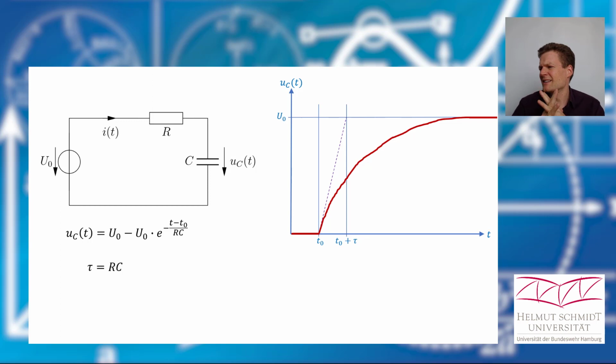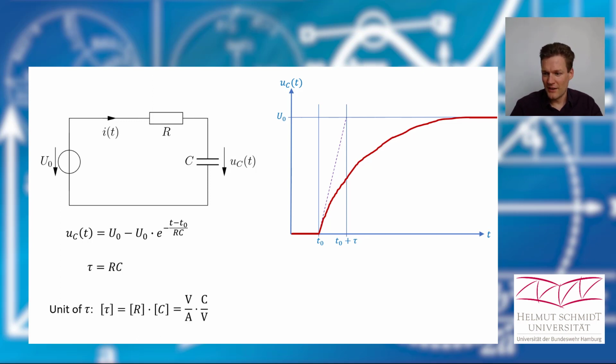And now I said that this tau, a resistor multiplied with the value of a capacitor, should be a time. Let's have a look at the unit. So tau has the unit of a resistor multiplied with the unit of a capacitor.